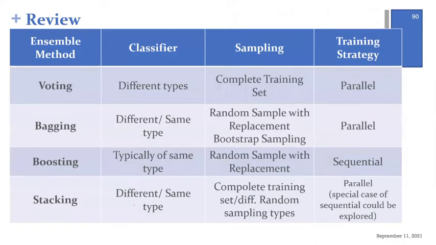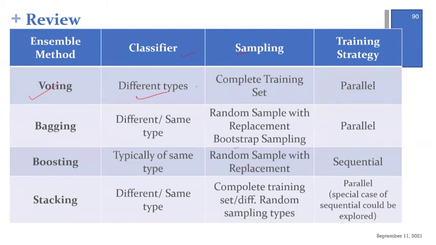Now we look at a brief review of all the ensemble types we already looked into. For each ensemble type, we note the classifier type we are using, the sampling used, and then the training strategy. Now, look at the ensemble method. For the basic voting one, we use different types of classifiers.